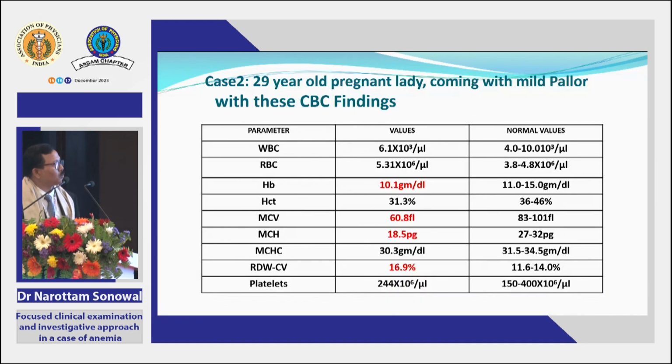I am going to my next case: a 29-year-old pregnant lady coming with mild pallor with these CBC findings. Hemoglobin is low, 10.1 grams per deciliter, MCV 60.8 femtoliters, MCH 18.5 picograms, low, and red cell distribution width 16.9, high.